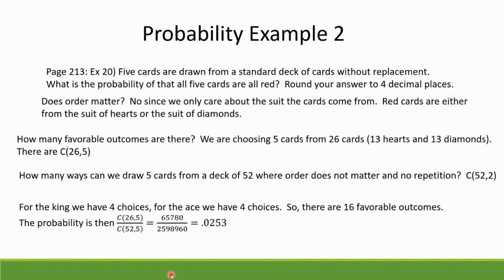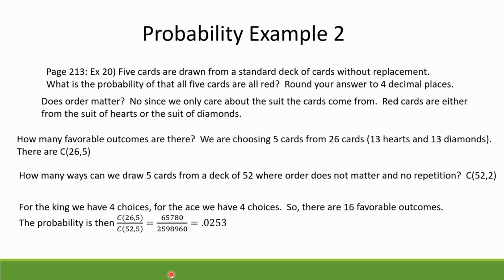Here's another one then. Suppose 5 cards are drawn from a standard deck of cards. We're drawing 5 cards now. It's without replacement. Again, that means no repetition essentially. In other words, when we take a card out, we're not putting it back. What's the probability then that all the cards are red?